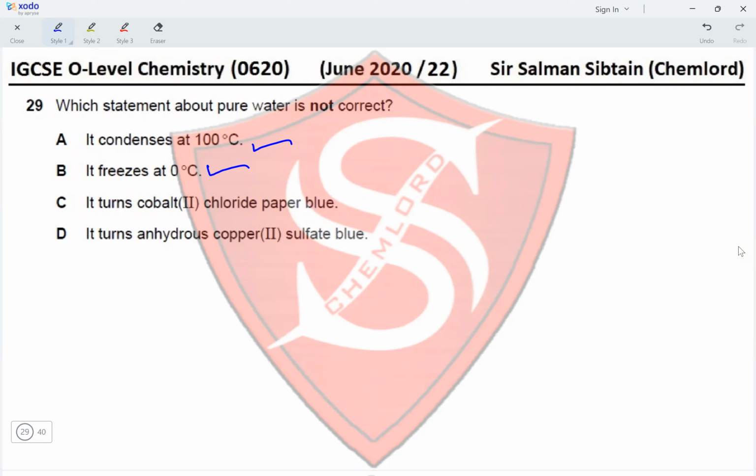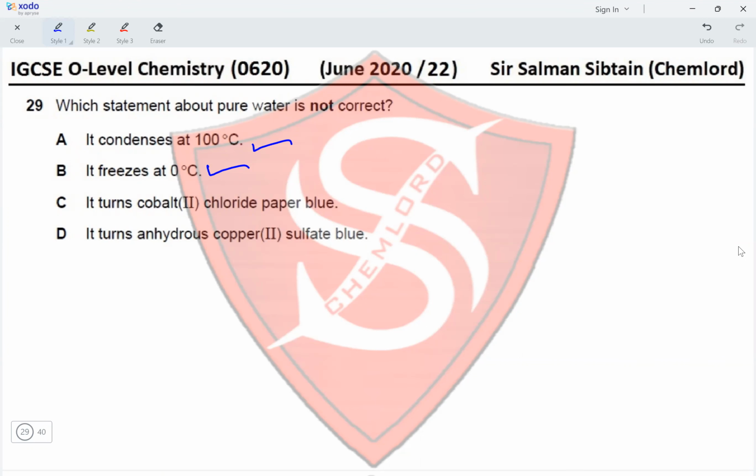It turns cobalt chloride paper blue. Cobalt chloride paper, if it does not contain water, is blue in color and turns pink when exposed to water. Which statement about pure water is not correct? It turns cobalt chloride paper blue.